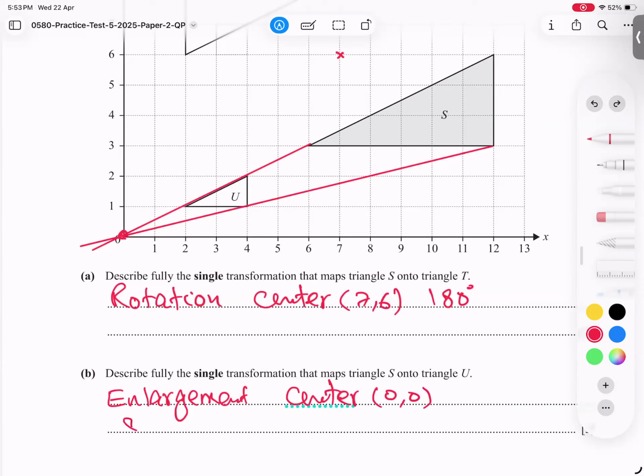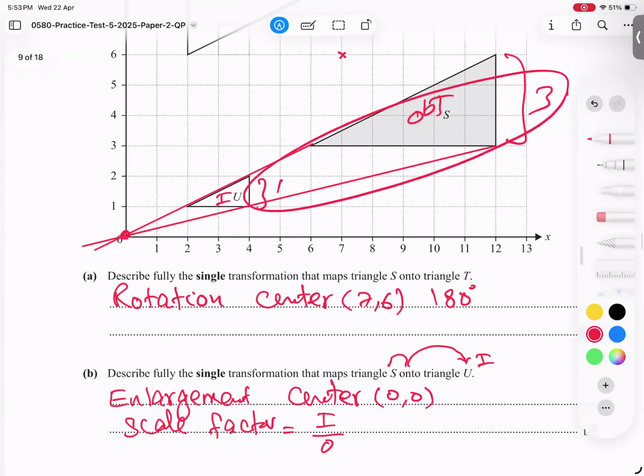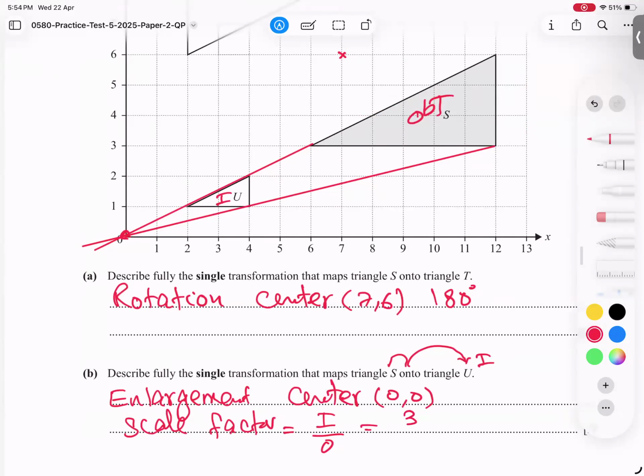And now scale factor. How to write scale factor, students? Write the full words scale factor. The formula is image size by object size. After, onto U is the image, so I'm writing here I. Before, S is the object, I'm writing here O. These are three boxes and here one. So 3 by 1 is 3. Wait a minute, sorry.